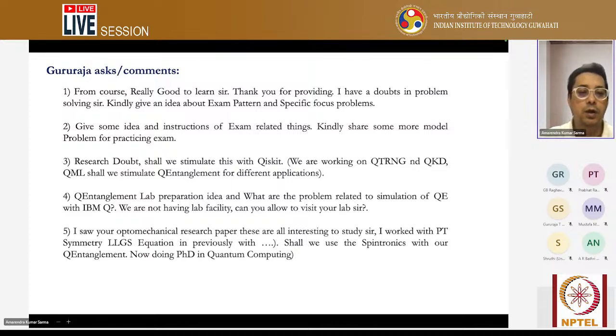I'm sure you will really benefit after that. Shall we use spintronics with quantum entanglement? Yes, of course. If you're talking about spin systems, they are very much exploited for quantum entanglement study. You can definitely do that.